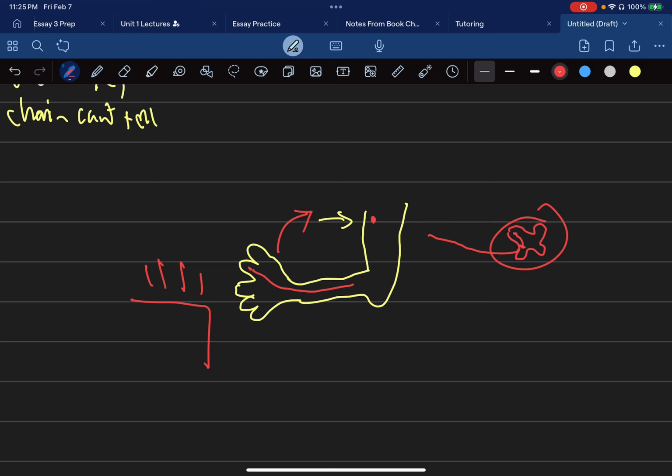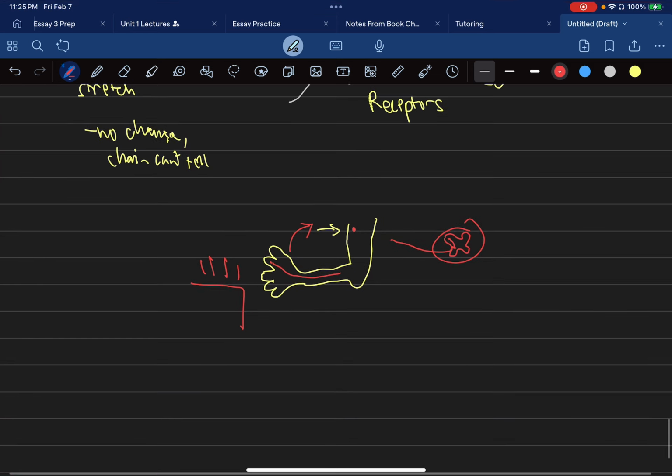So that's kind of how our reflexes work within our body. Your brain is also going to receive word anytime that there is any reflex that happens. The brain is going to be notified of it, and the brain ultimately has overriding power over any reflex.